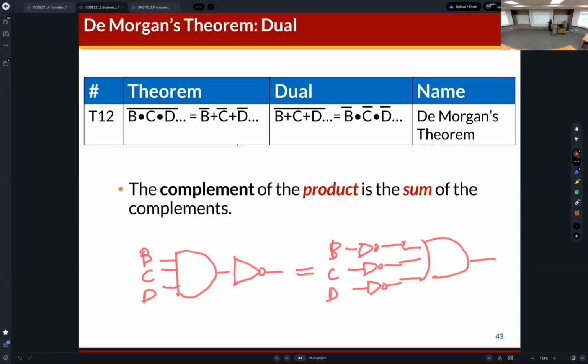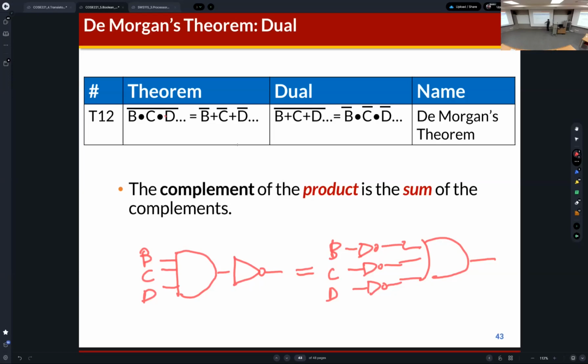Actually, the inversion of the entire AND gate, the product term, is the inversion of inputs and a different gate. That is the De Morgan theorem. So what is changing? In the left side of the equation, you can find that these are inputs, and then the AND gate here, and then the output of the AND gate is inverted.